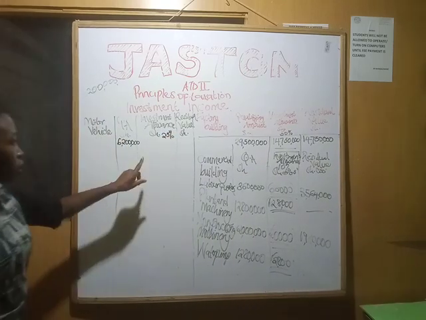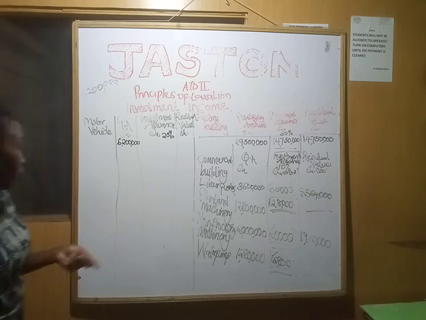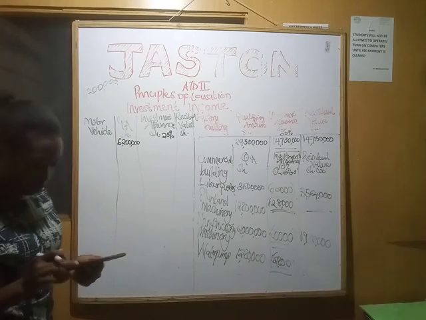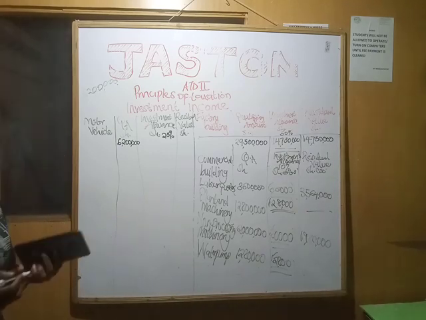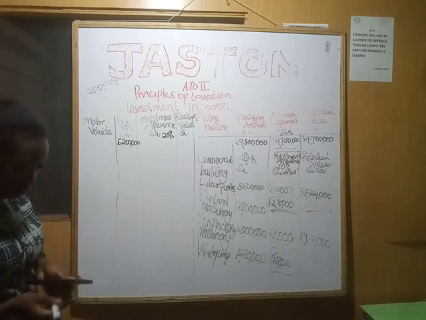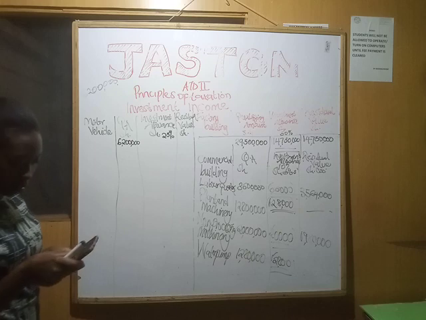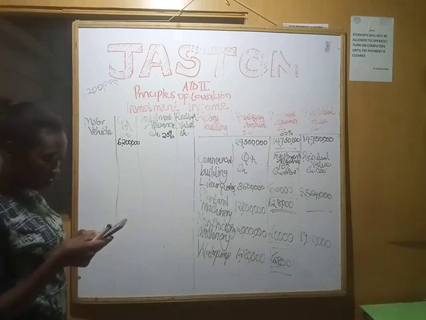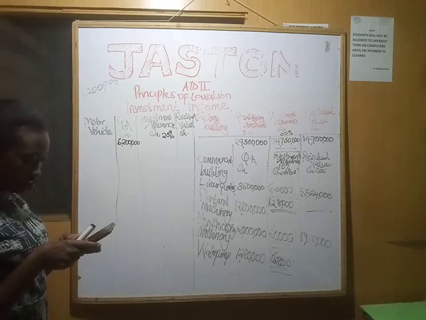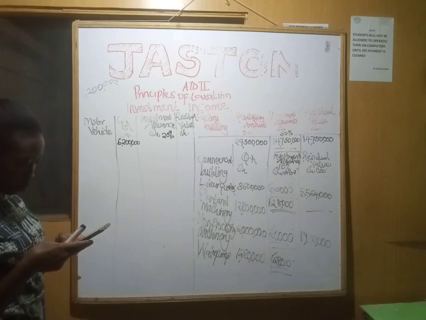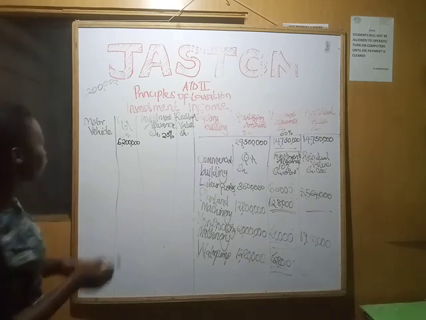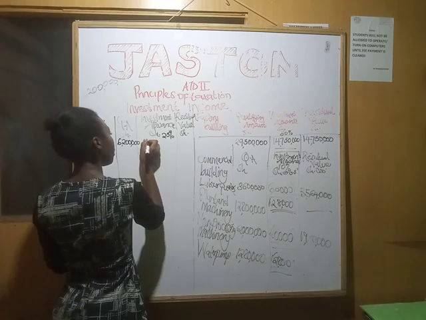So we are going to get the 25% of our qualifying amount. 25% of 6.2, we have 1,550,000.